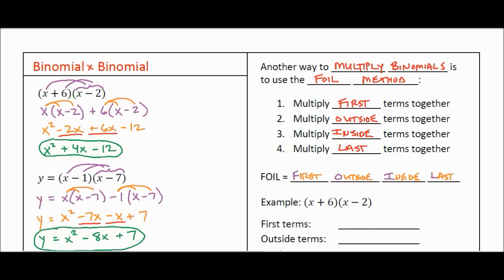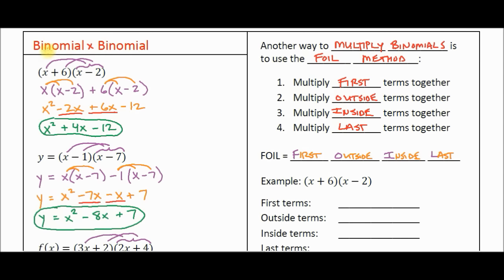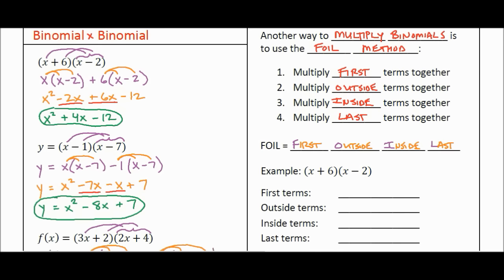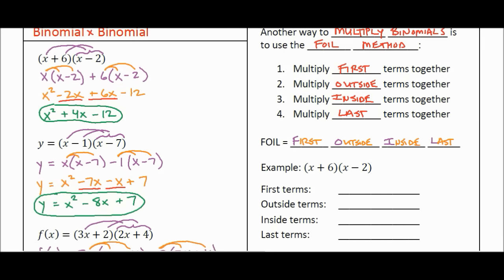So let's take a look at the same example that we did over on the left side. Binomial x plus 6 times binomial x minus 2. The first terms are the very first term in each of those binomials. It's the x and the x. So we're going to multiply those terms together. X times x, which is equal to x squared.